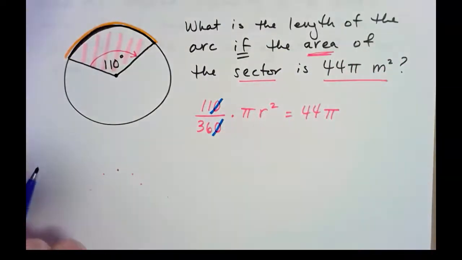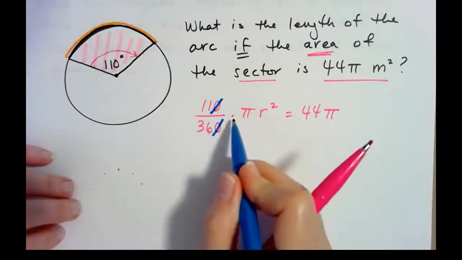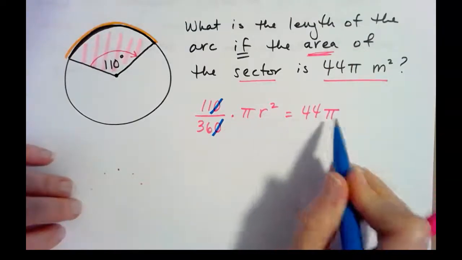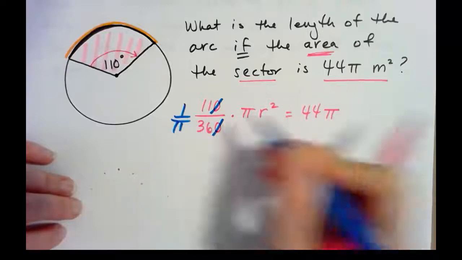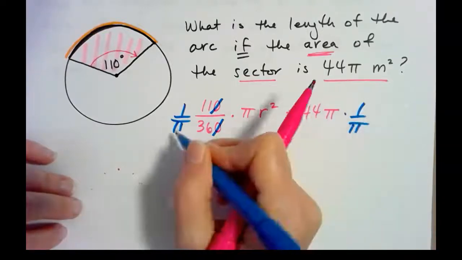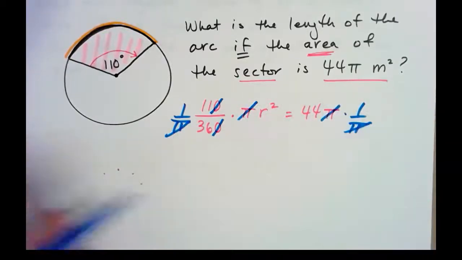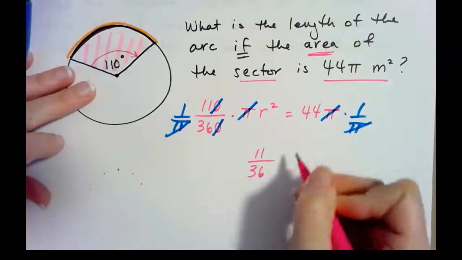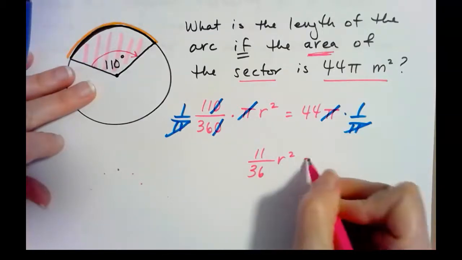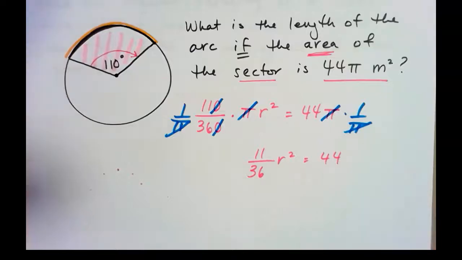So now we've got 11 over 36 times pi times r squared equals 44 pi. Let's also get rid of the pi from both sides. So goodbye, goodbye. So now we've got 11 over 36 r squared equals 44.